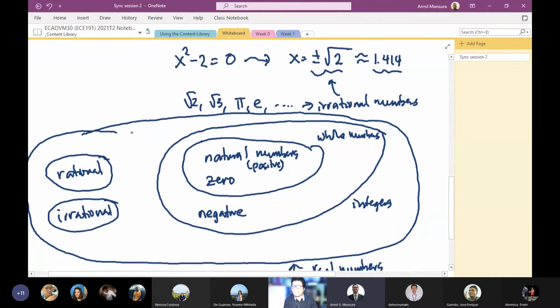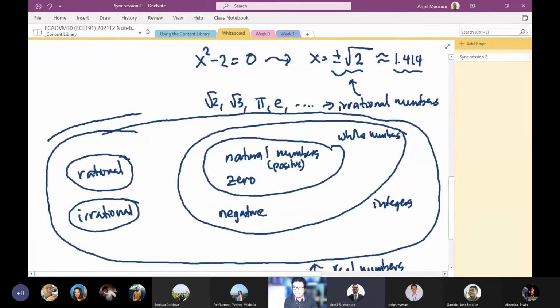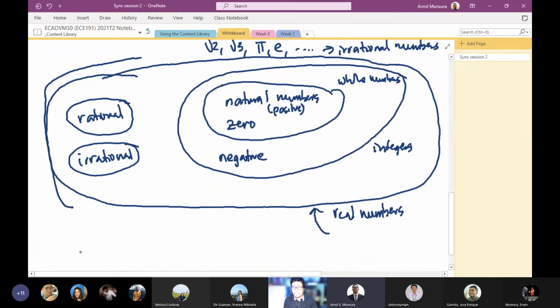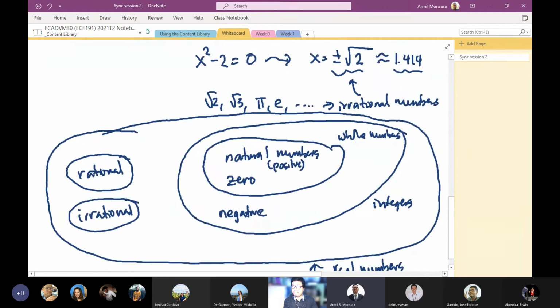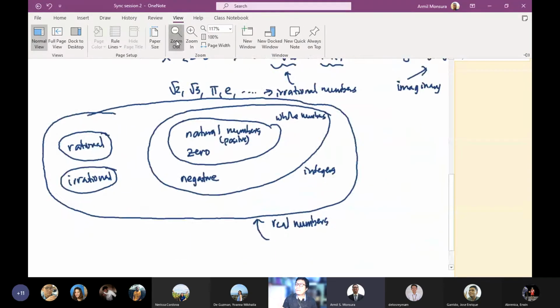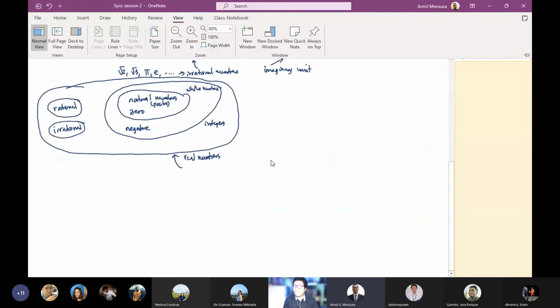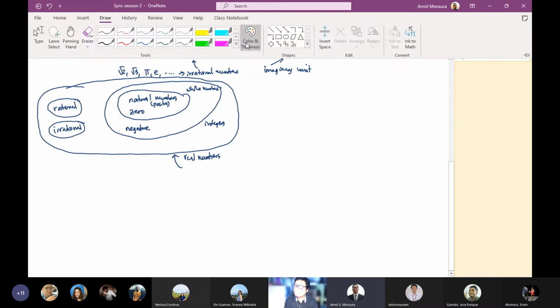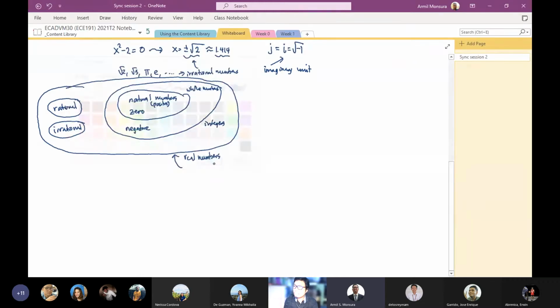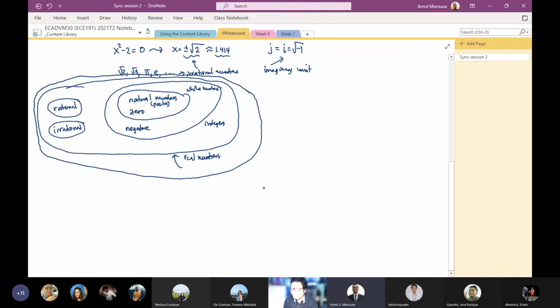And then these real numbers would be, kumbaga masasakop siya, encompassed by a larger set of numbers, which we will call the complex numbers.